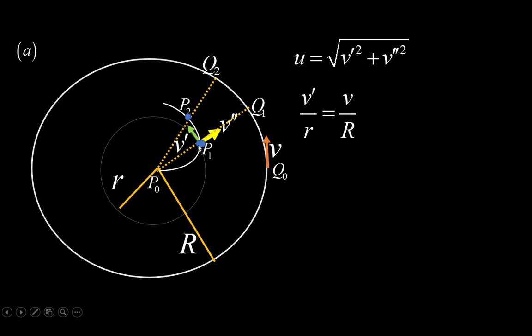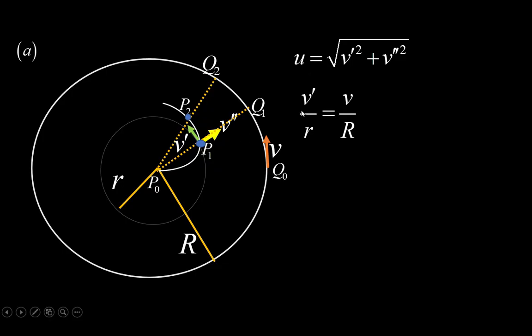Now when P acquires a constant radius after some time, this v double dash will become 0, because what v double dash is doing is changing the radius. When the radius is no more changing, then v double dash will be 0, and from here, if v double dash happens to be 0, u and v dash will be equal.